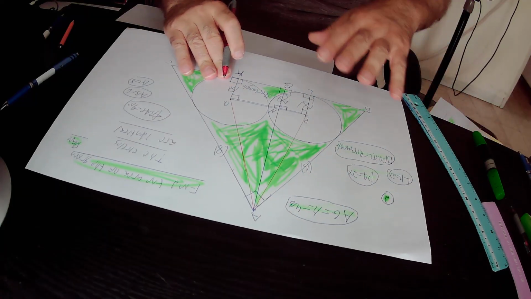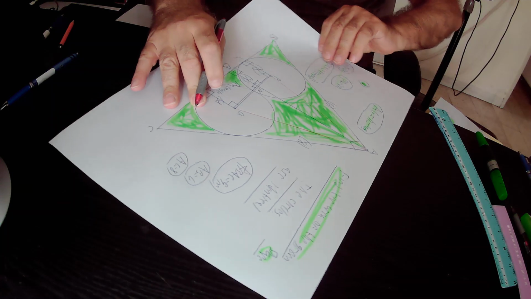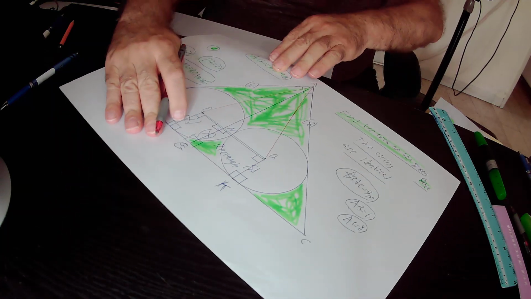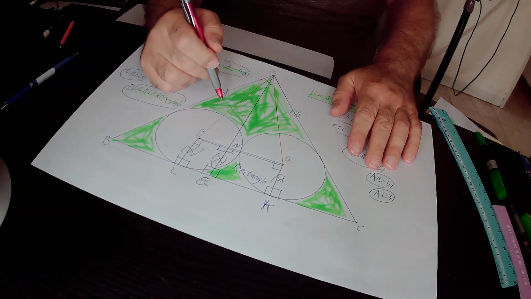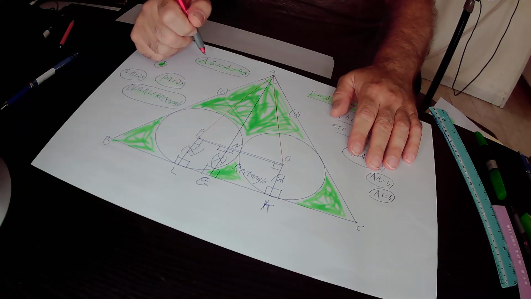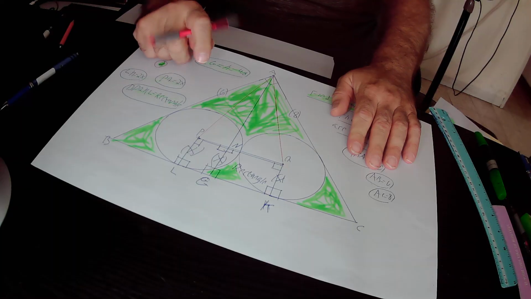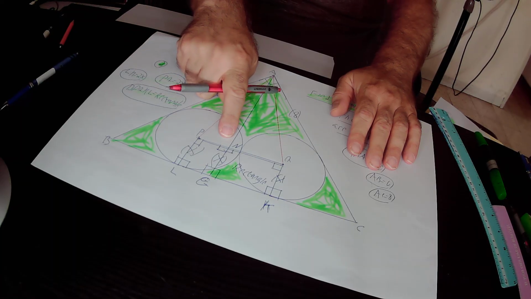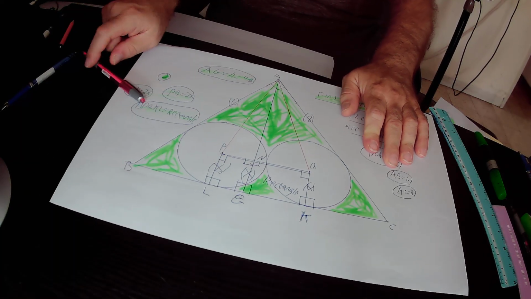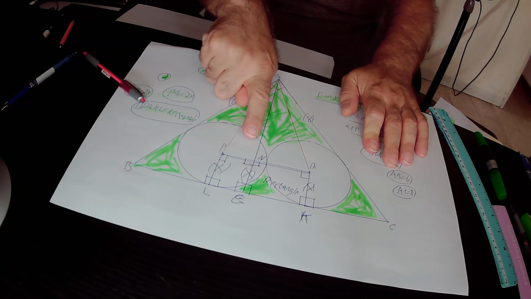So by doing those constructions, we get triangle PAQ. What is the size of this angle, angle A and P?